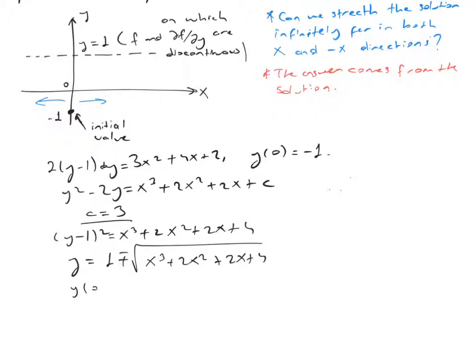Since y of 0 is equal to minus 1, y is equal to 1 minus square root of x cubed plus 2x squared plus 2x plus 4.